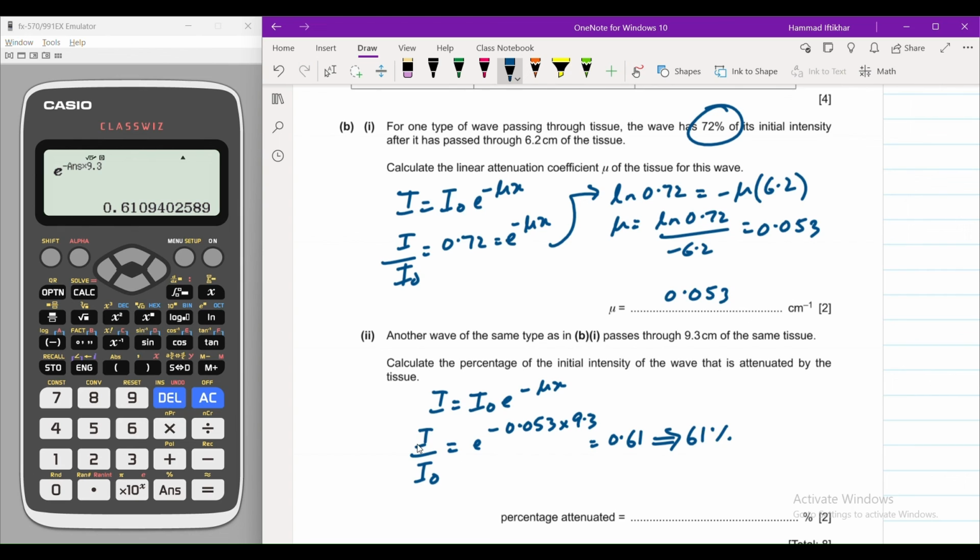So 61% is the transmitted intensity. So the attenuated will be 100% minus 61%, that is 39%.